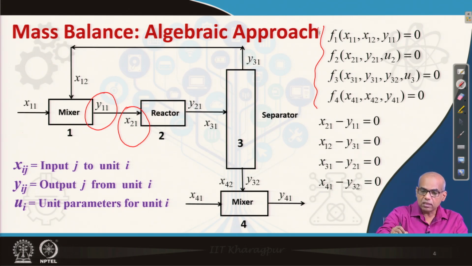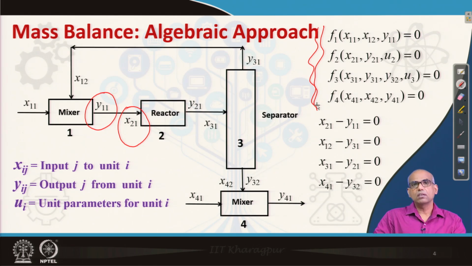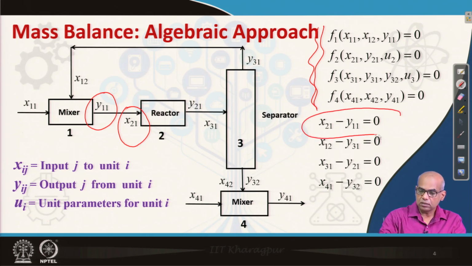So, along with these equations, you also have to solve equations like Y11 equal to X21, in other words, X21 minus Y11 equal to 0.